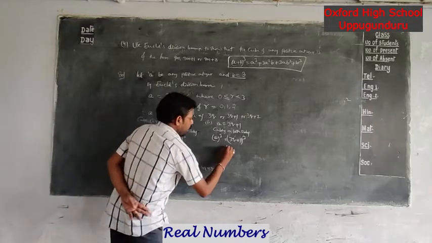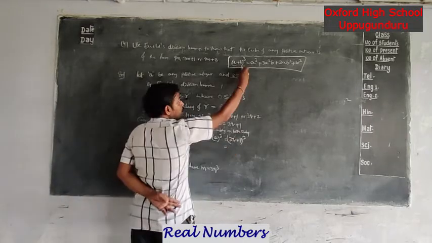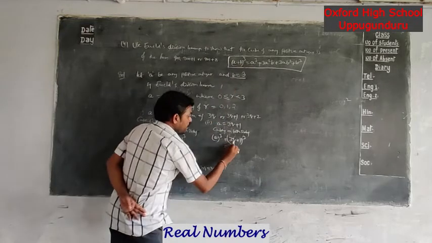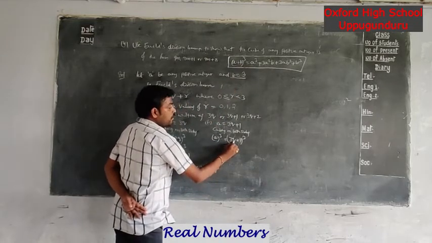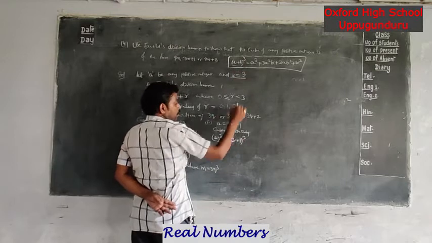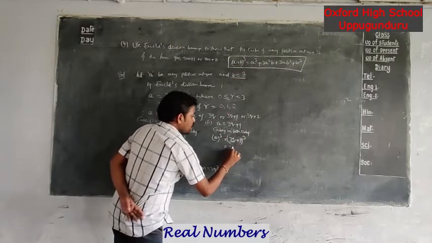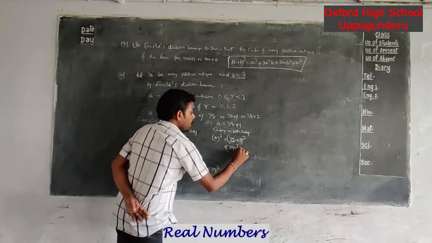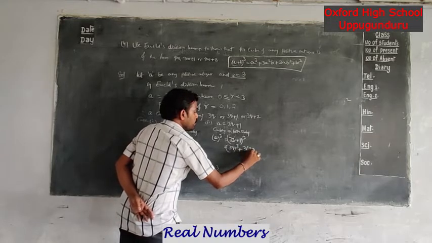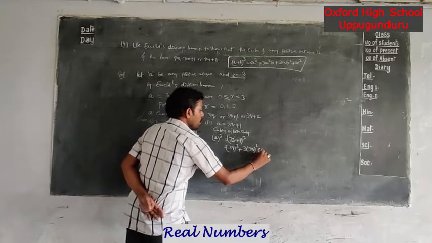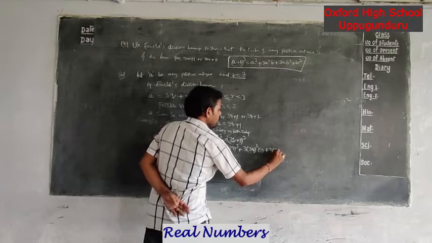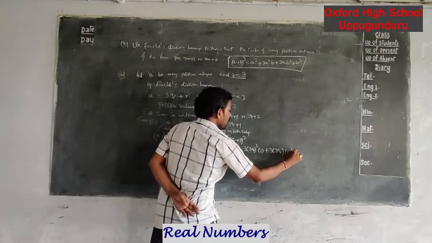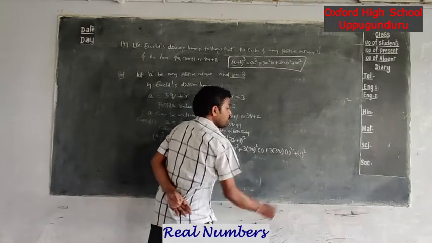Now on the right hand side, when expanding by using the algebraic identity, in place of a, 3q is there, in place of b, 1 is there. So 3q whole cube plus 3 into 3q whole square into 1 plus 3 into 3q into 1 whole square plus 1 whole cube.